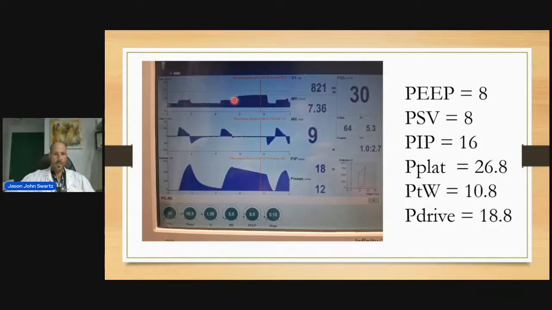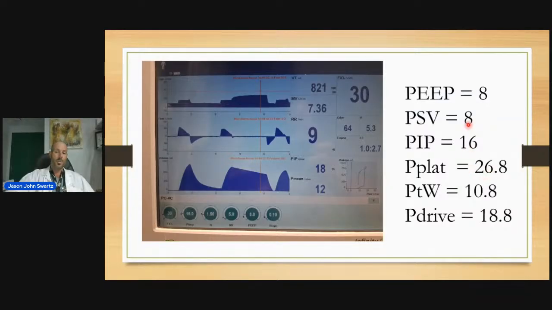at the end of inspiration, we see that it increases to, I believe, 26.8. So that is 10.8 above what you would expect is happening in the pressure in the lung. No, the pressure in the lung is not being limited to 16 centimeters of H2O, but has actually 26.8 centimeters of H2O.